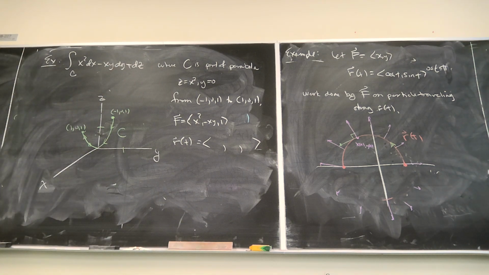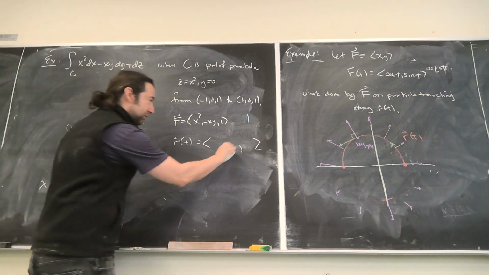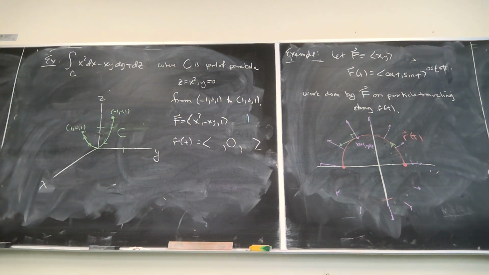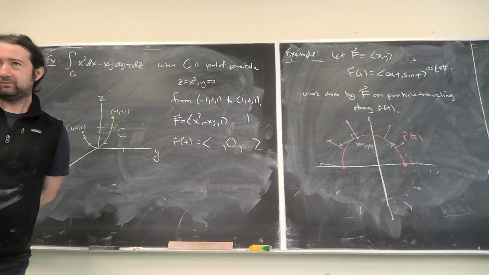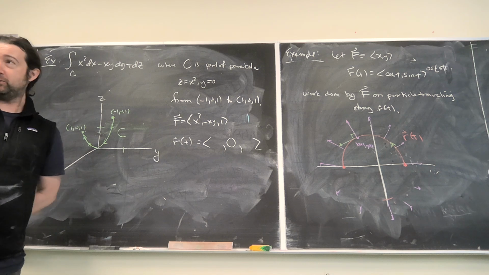I'm going to take the easy one. I bet y is equal to 0. What's the relationship between, if only I had an independent variable? What should I let my independent variable be? Z or x? You guys like square roots, huh?